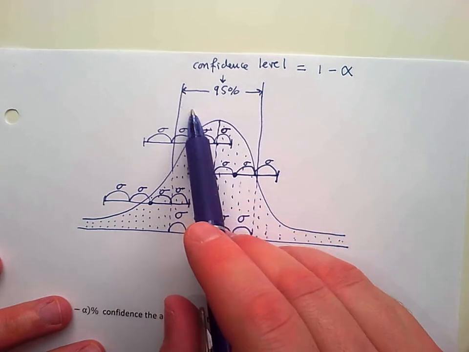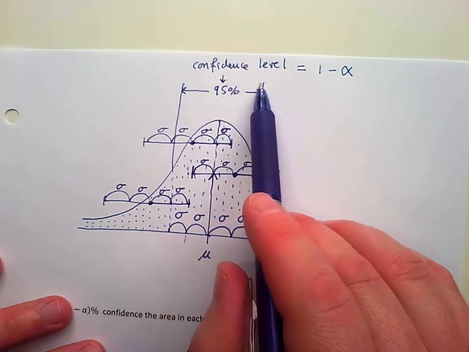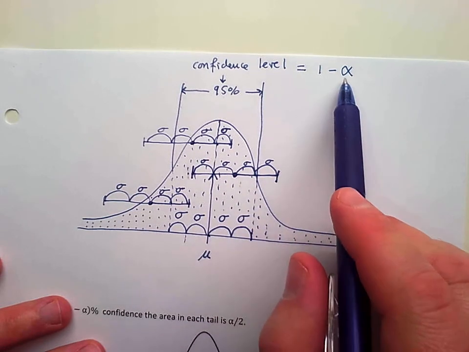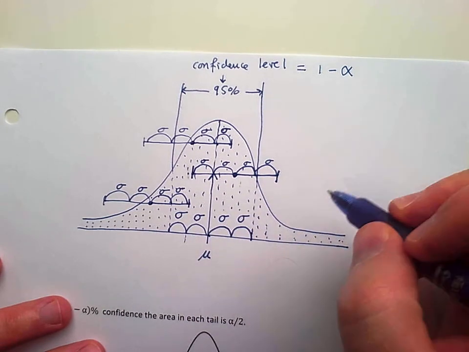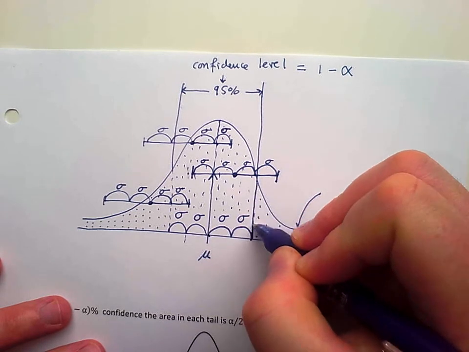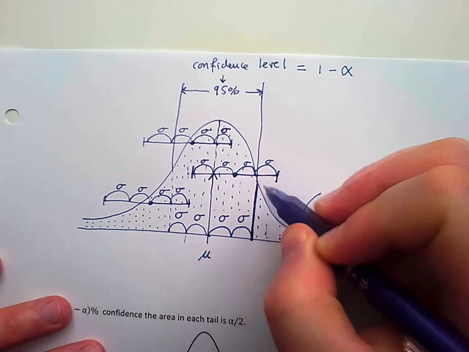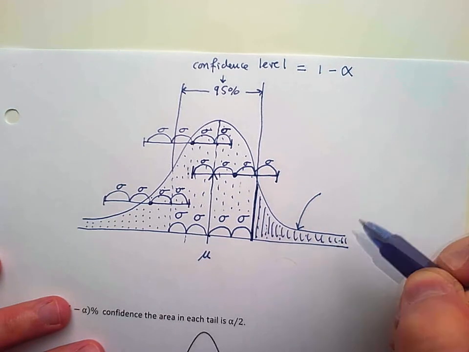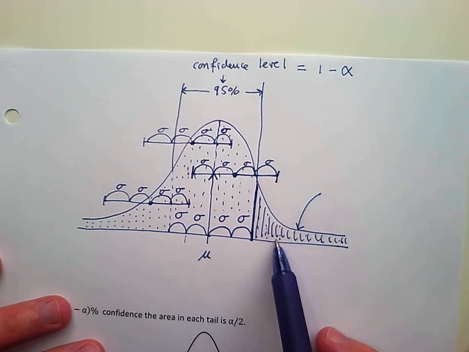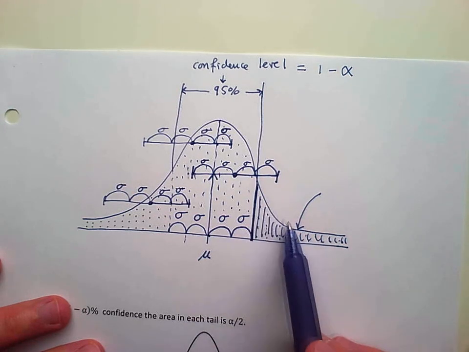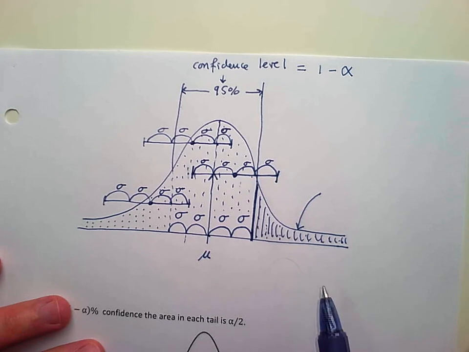If in between these two cutoffs we have 95% of our data, and that's given to us by 1 minus alpha, if you were to express this area in this graph right here, so from the right of this cutoff and down, how could you express the area in this tail right here, the one that I just shaded in darker, in terms of alpha?